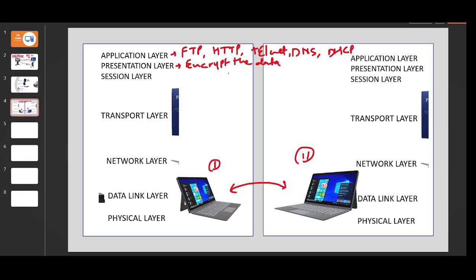So we need encryption and we need decryption to open it. If we are able to encrypt, that means we are able to encode and decode.